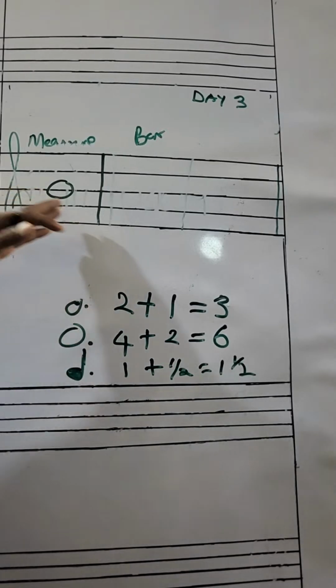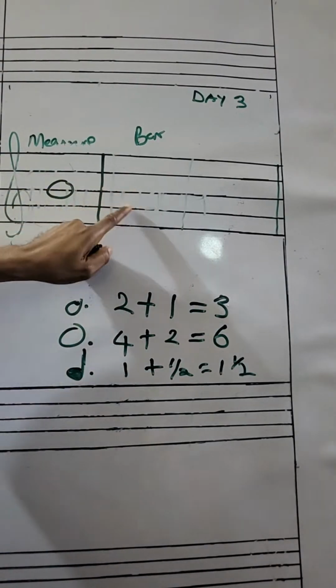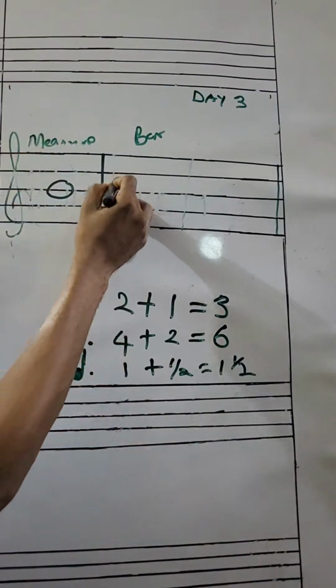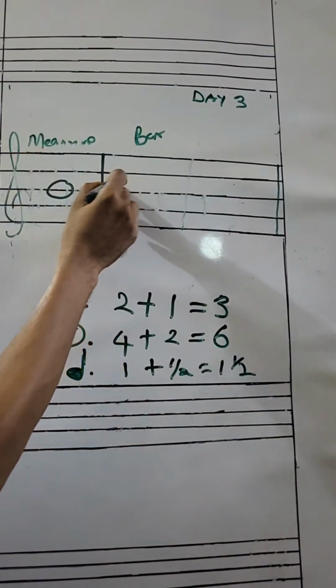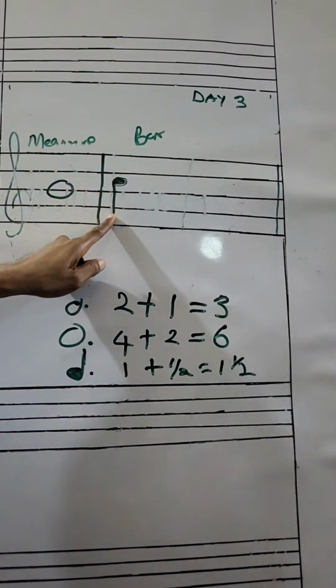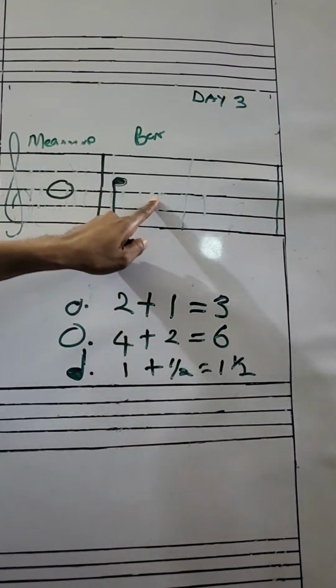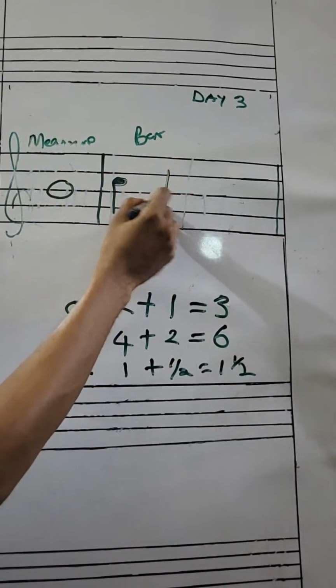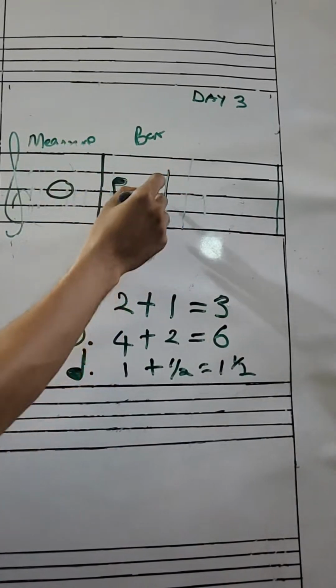But you see what we did today, in the few exercises we've done today, my stems are coming down. Why? This is the 3rd line. So any note that goes above the 3rd line, your stem is supposed to come down. Then any note that comes below the 3rd line, your stem is supposed to go up. That is how to write notes.